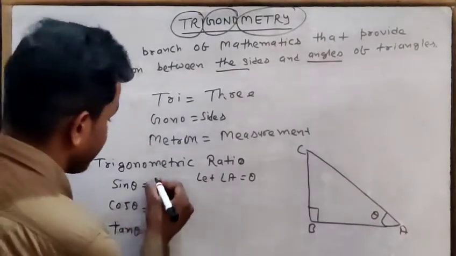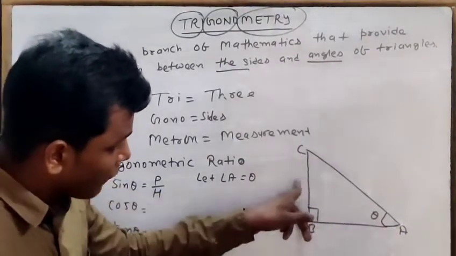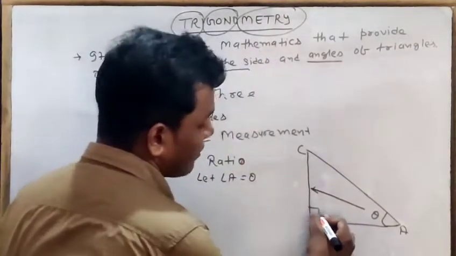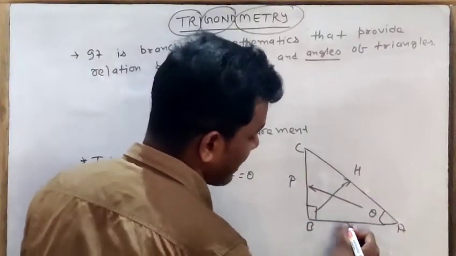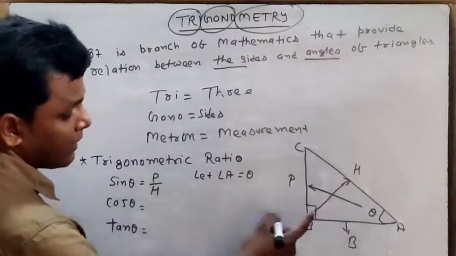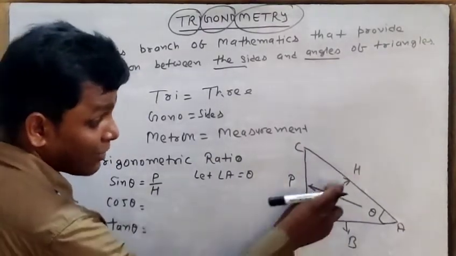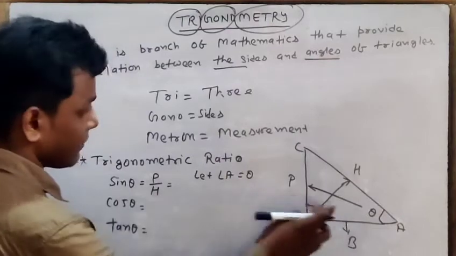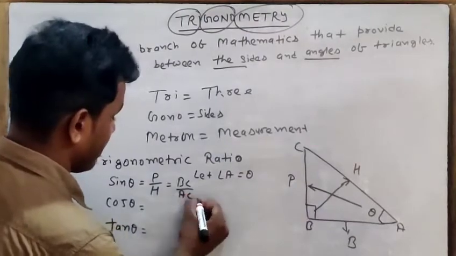Sin theta is equal to P by H. The side opposite to theta is the perpendicular. The side opposite to the right angle is the hypotenuse H, and the remaining side is the base. So sin theta is equal to P by H, which is BC by AC.